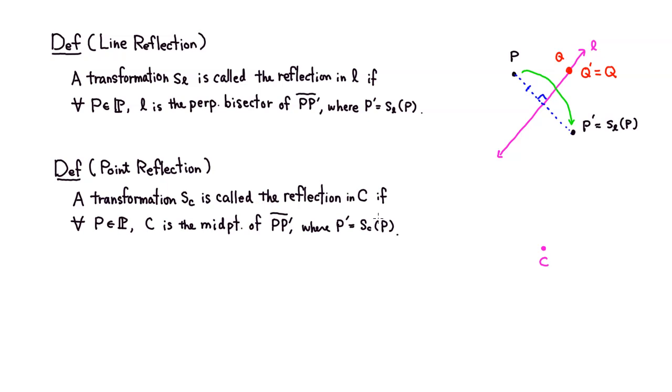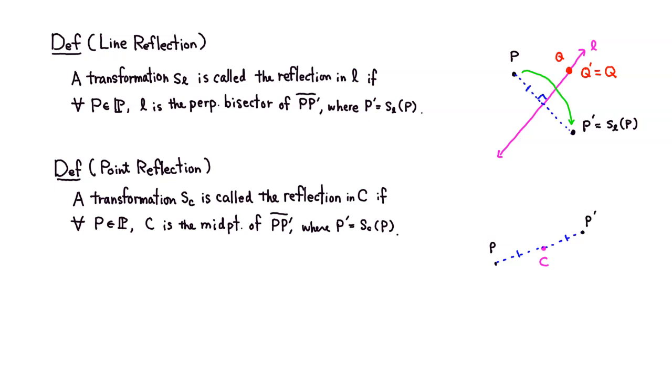So this is what's going on. If you have a point P, any point P, stay here. Then what you do is you go straight to the point C, and then you go to the other side exactly the same distance, and then we locate the point P prime.